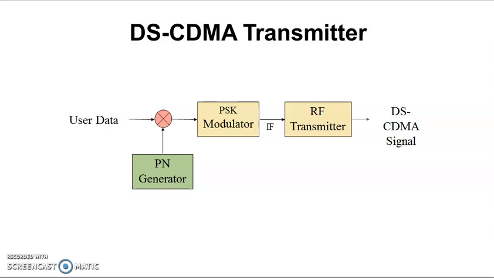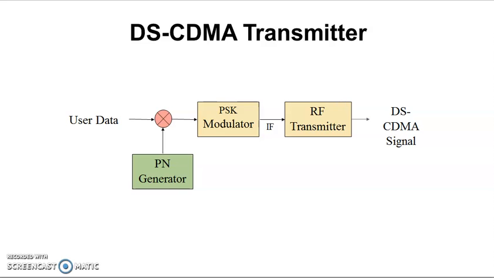And at the receiver, a replica of the PN code is generated, which is in phase synchronization with the PN code used at the transmitter. So the local PN sequence is modulated with PSK modulation, and the received signal is correlated with the locally modulated PN code to get back to the source data.